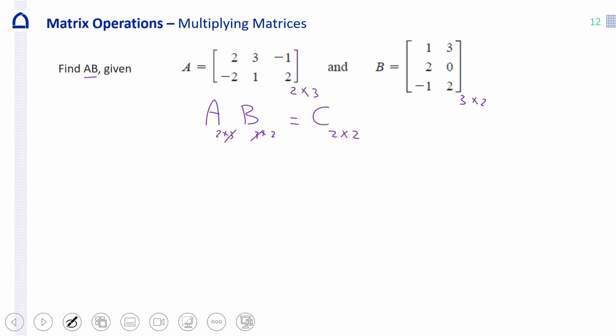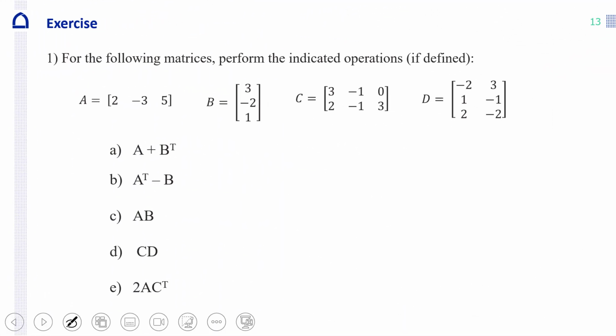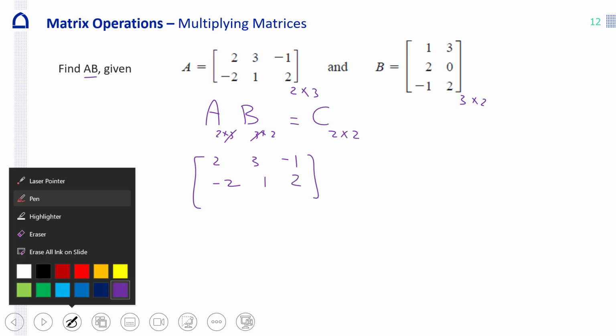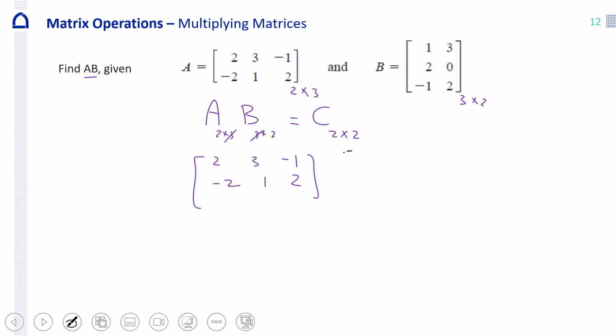Now, let's go and multiply. 2, 3, minus 1, minus 2, 1, 2. And 1, 2, minus 1, 3, 0, 2.